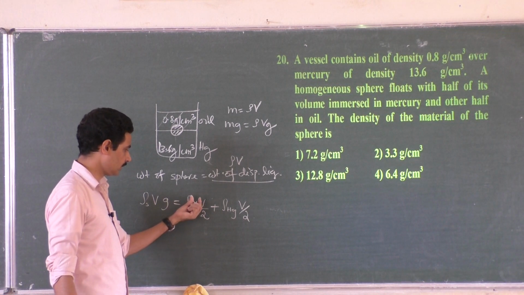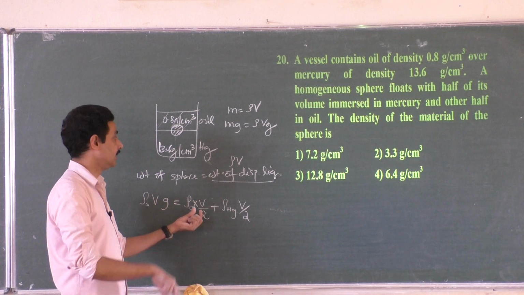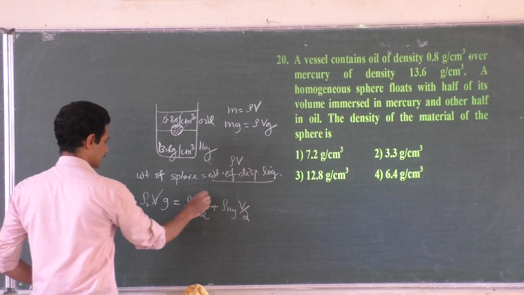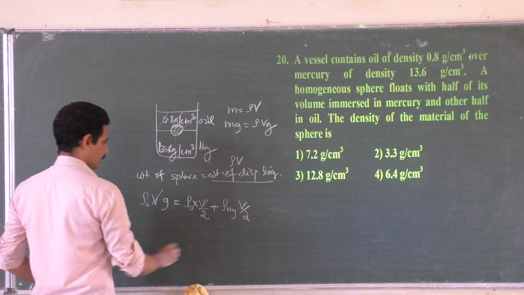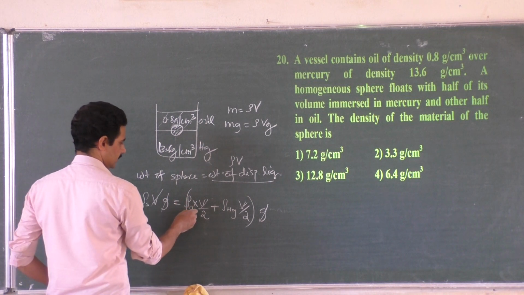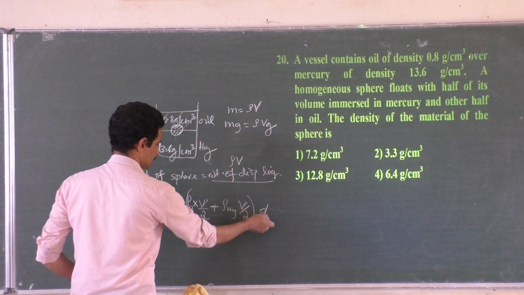Similarly, density into half of the volume of the ball. Volume gets cancelled if you take it outside the bracket, and g also gets cancelled.